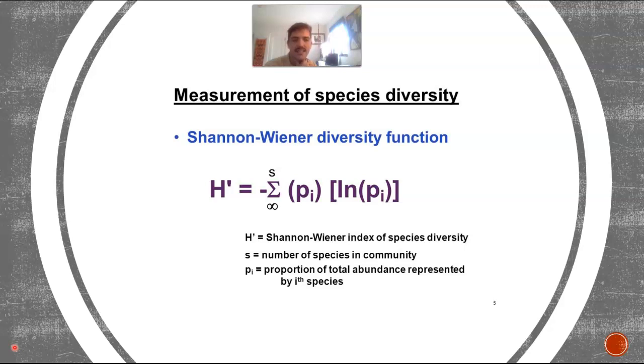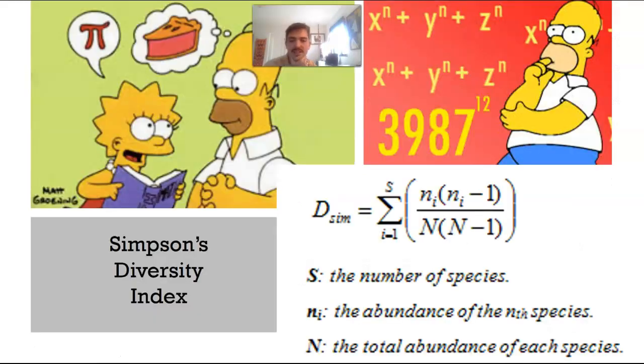And you can feel good about not having to use this one because you will be working with the next one, the Simpson's Diversity Index, which is simpler. Okay, so this is one measurement of species diversity. And this is the one that you will want to be working with.